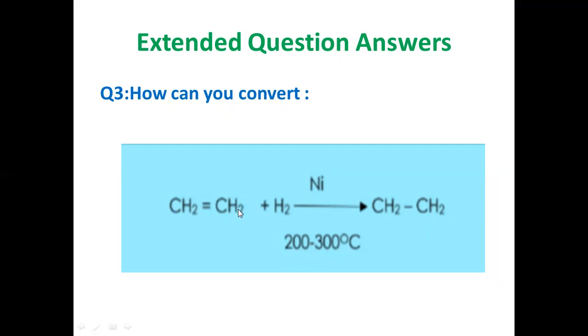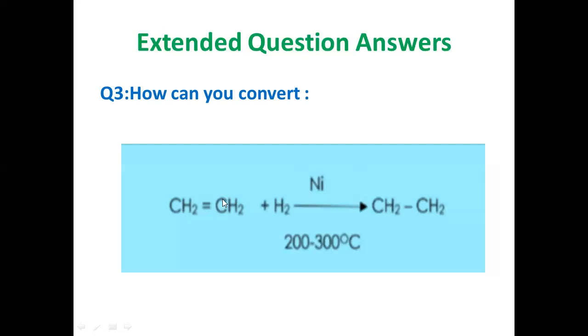And which alkene is over here? The two carbon containing alkene is here. So the two carbon containing alkene is called ethene. How can we convert an ethene into ethane or an unsaturated hydrocarbon into saturated hydrocarbon?